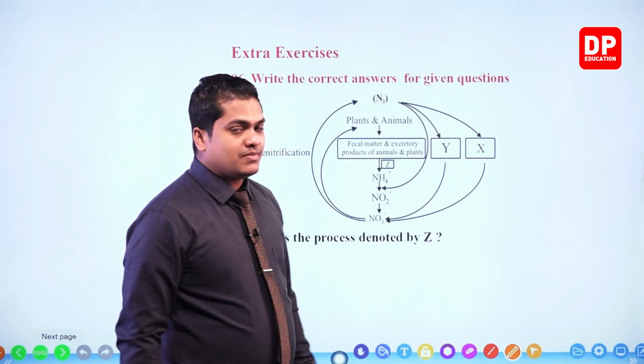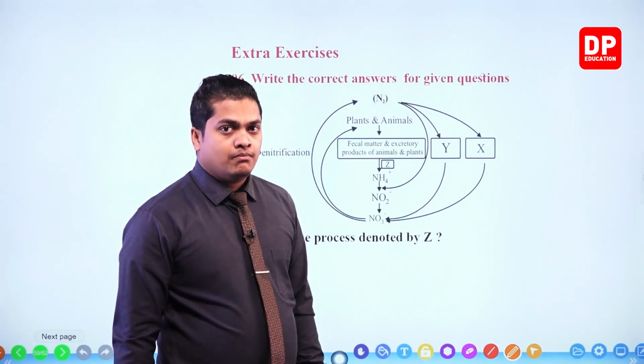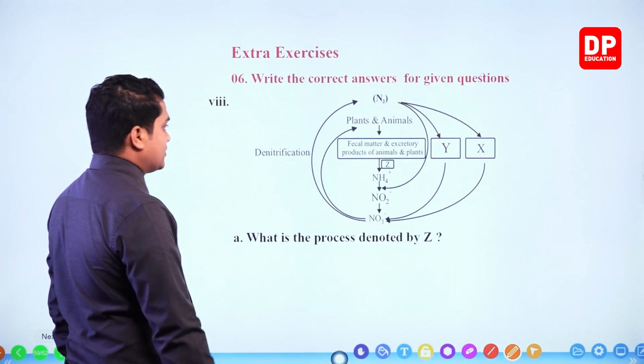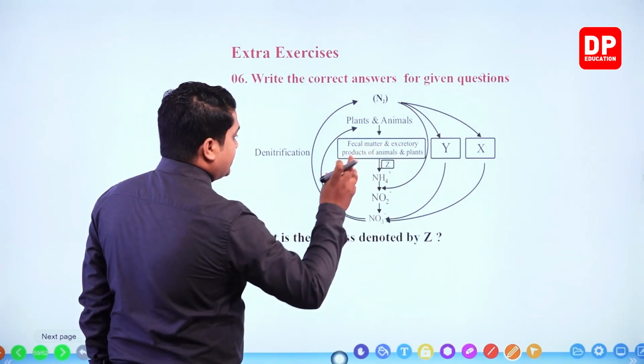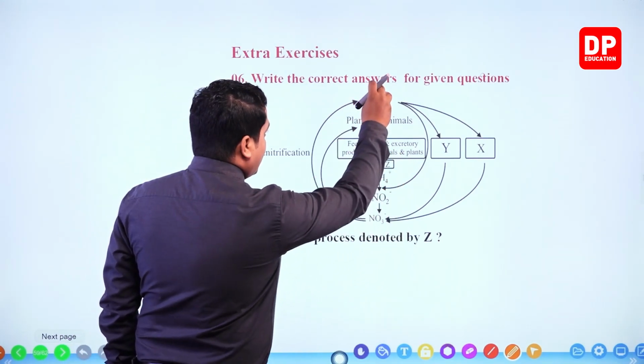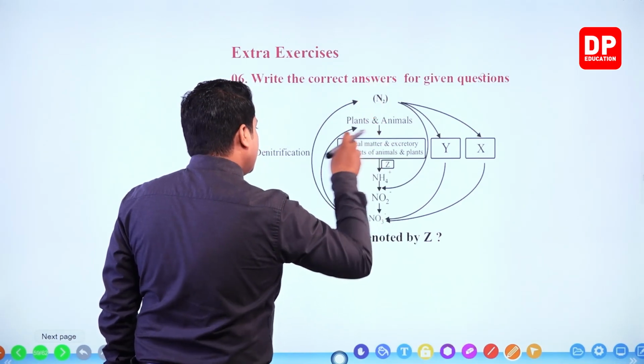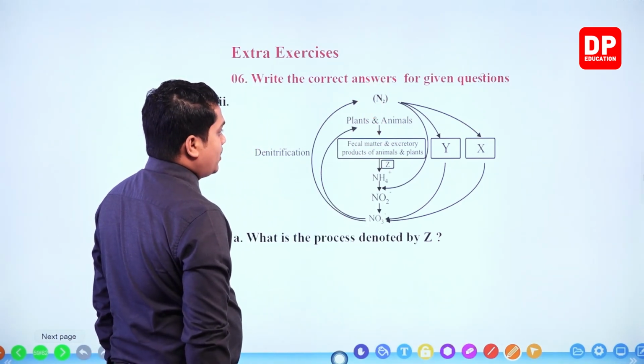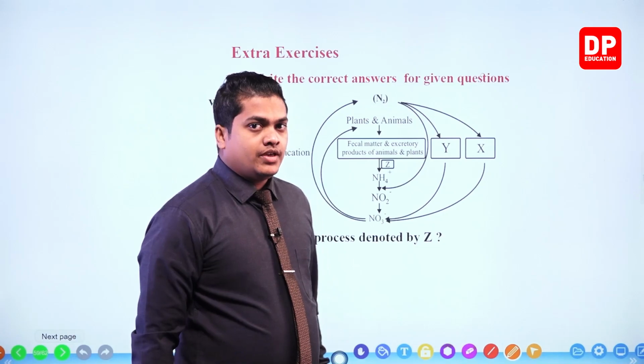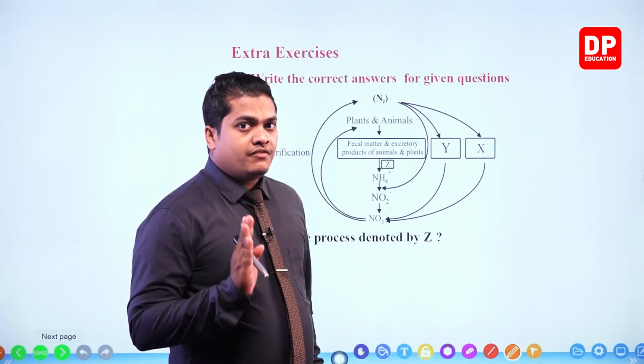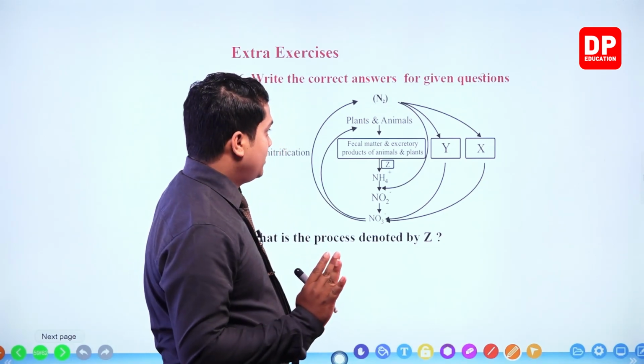So Z means, my dear children, for sure biological fixation, because certain kinds of bacteria absorb nitrogen gas and convert that nitrogen gas into ammonium compounds. So here, however, if you think that is suitable as what?